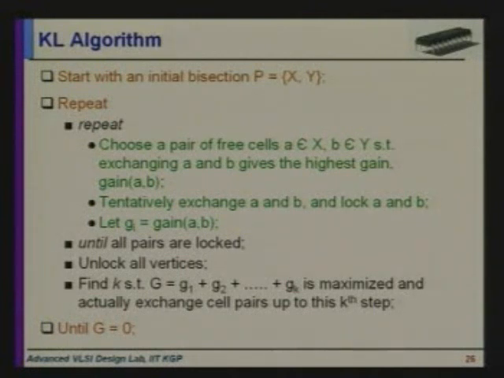To find out the gain, it will take n squared time. We have an initial partition which contains n vertices this side, n vertices this side, and I want to find out the best pair to swap. Because I am given two separate sets of n vertices, it takes n squared time.